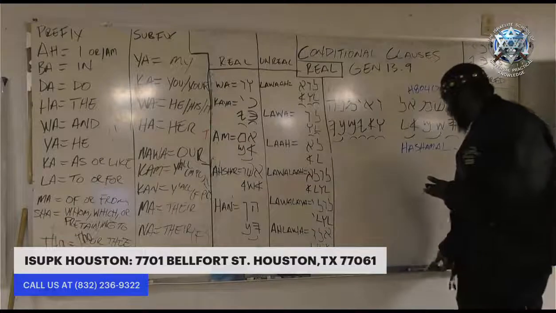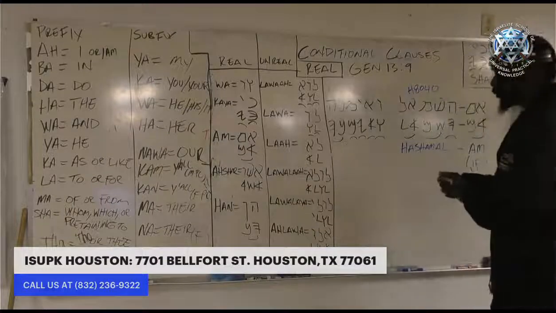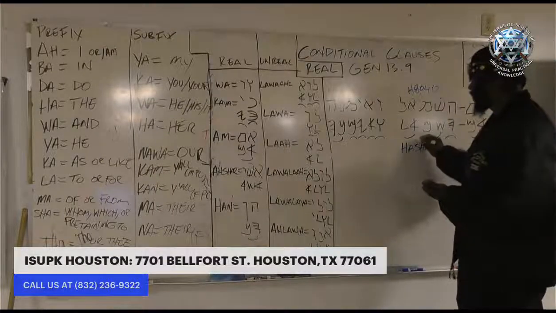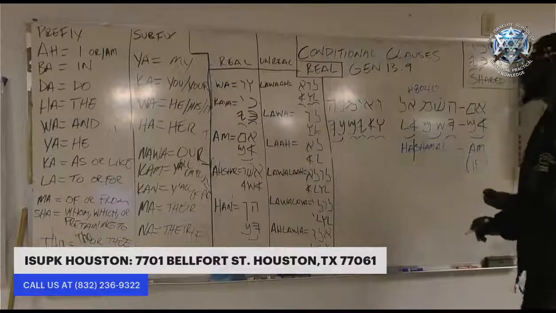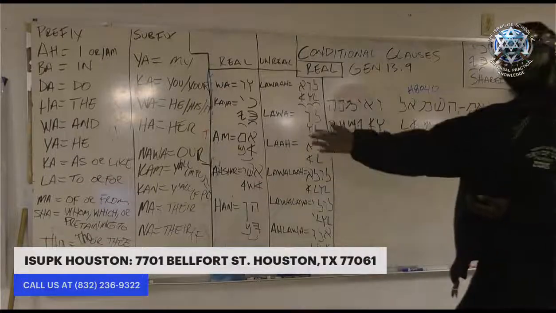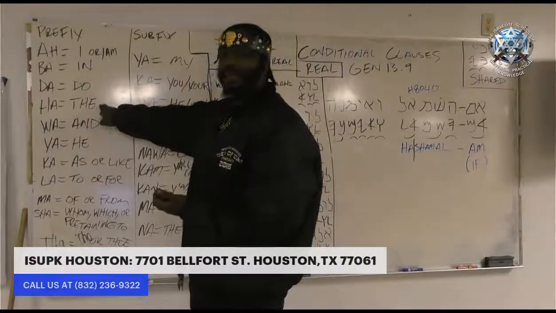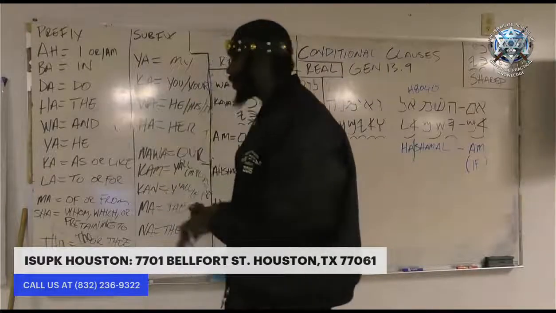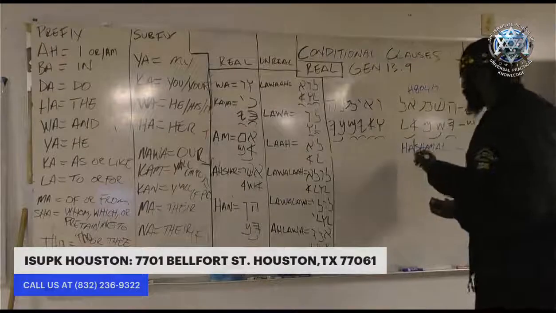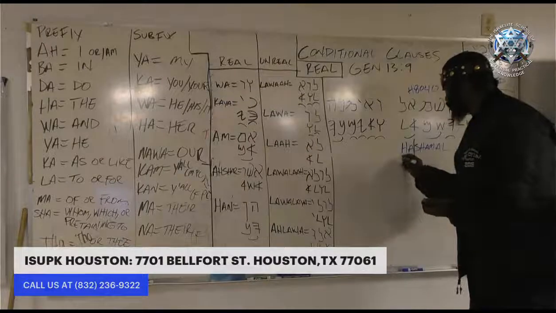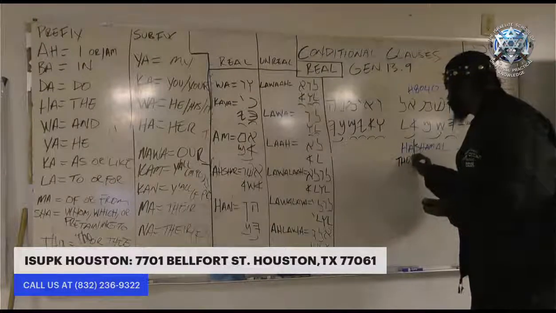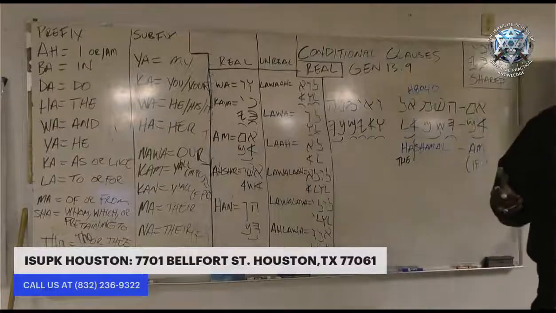This word definitely has a prefix. What is the prefix? The prefix is ha. All right. So let's go over here on the board. Look at our list of prefixes. What is ha? Ha is the. Okay. Which makes the root word shamal.